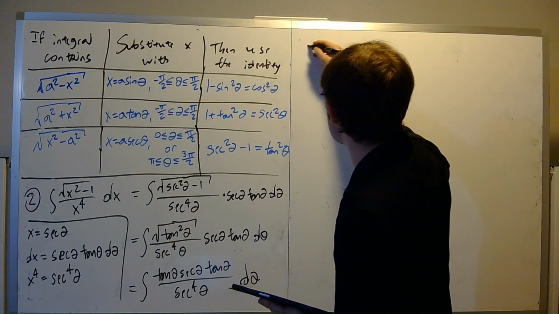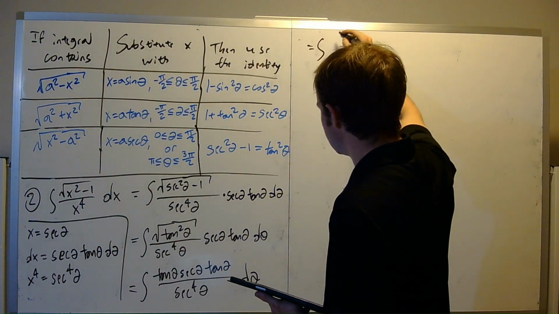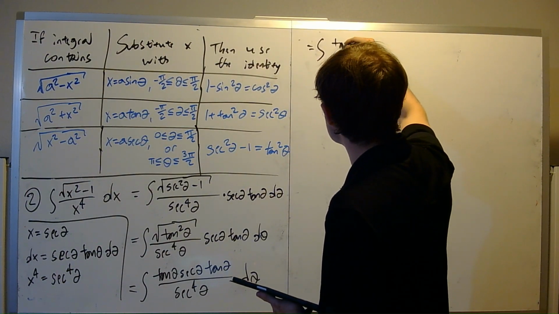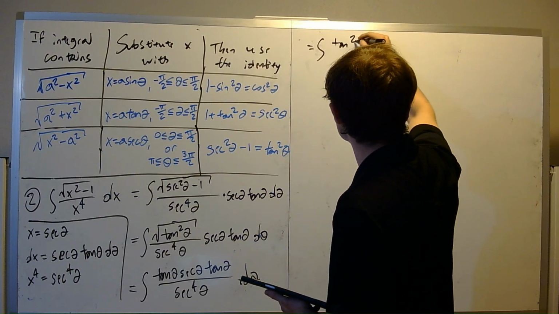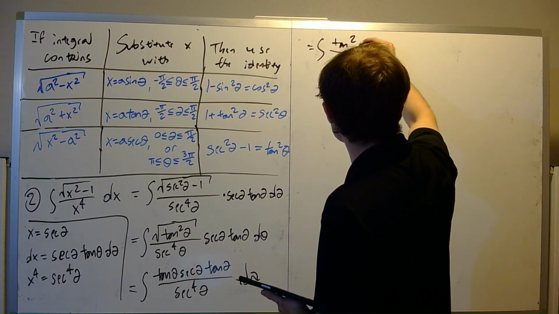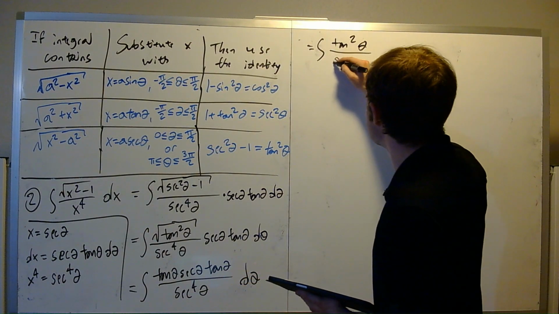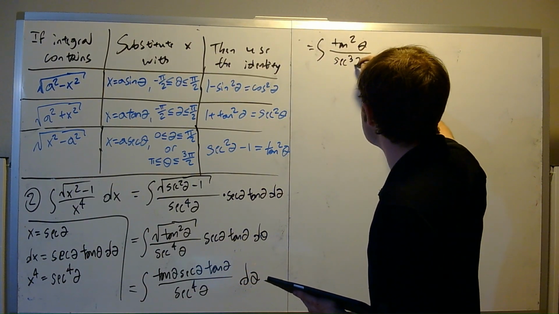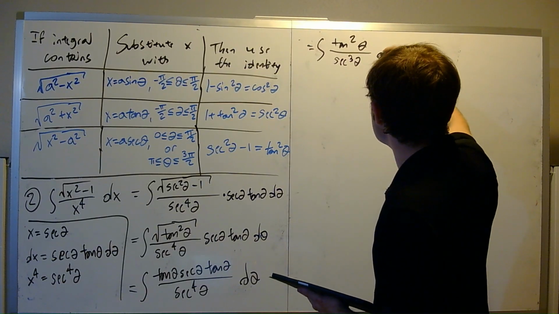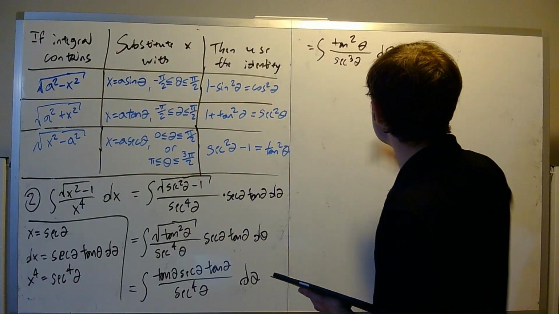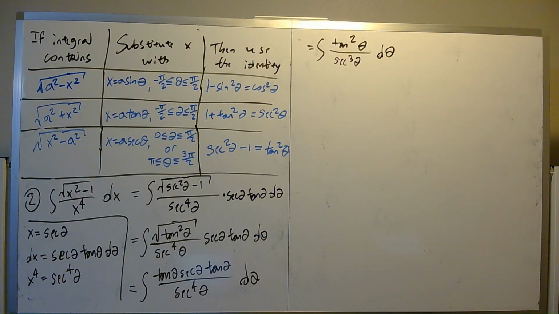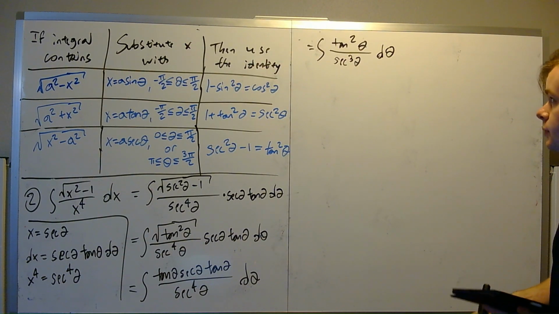So if I do that, we're going to get the integral of tangent squared theta over secant cubed theta d theta. Okay. So now we've got to do tangent squared divided by secant cubed.